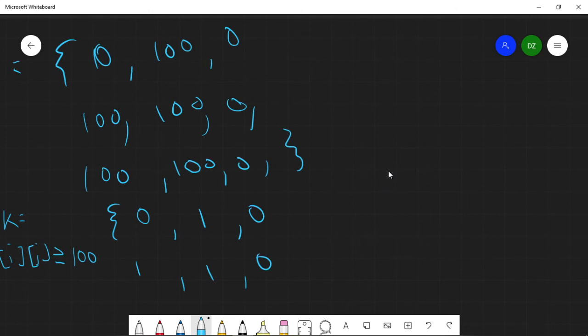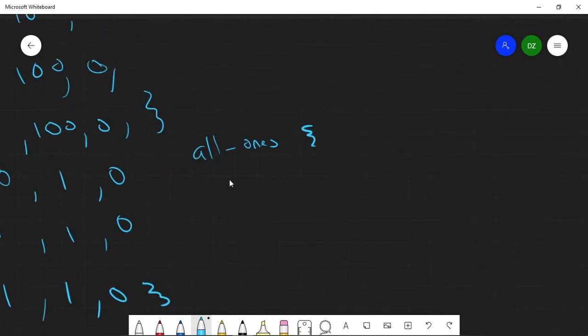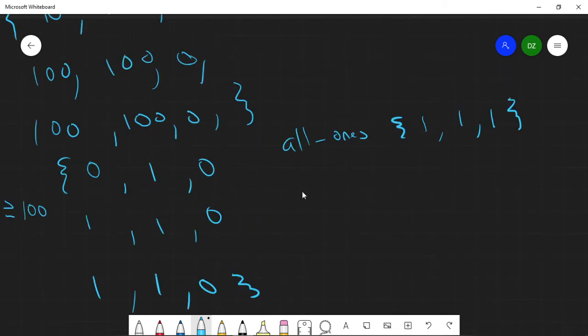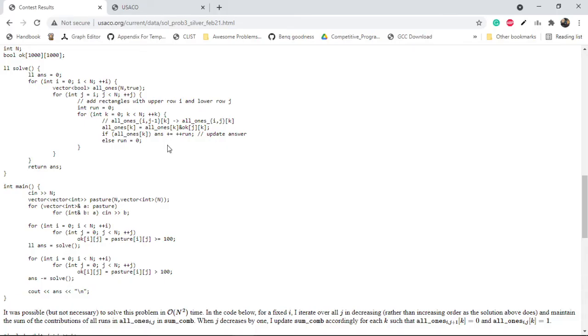Now we're going to do another array. It's going to be called all ones. At first it's a 1D array, all ones, like this. And so it's going to be all true at first. Let me just check. Upper row i to lower j. OK[i], it'll go down the row.